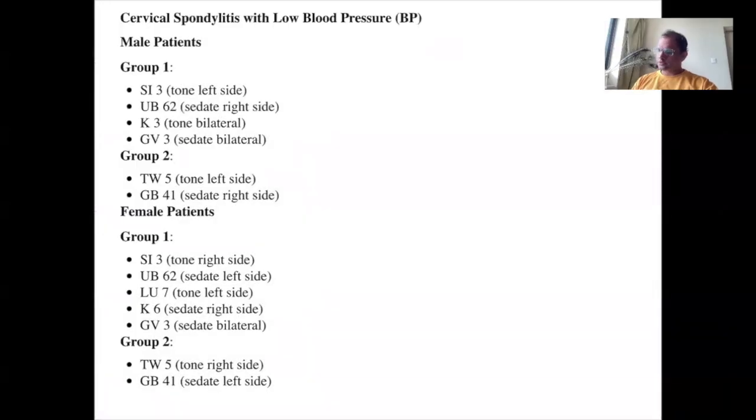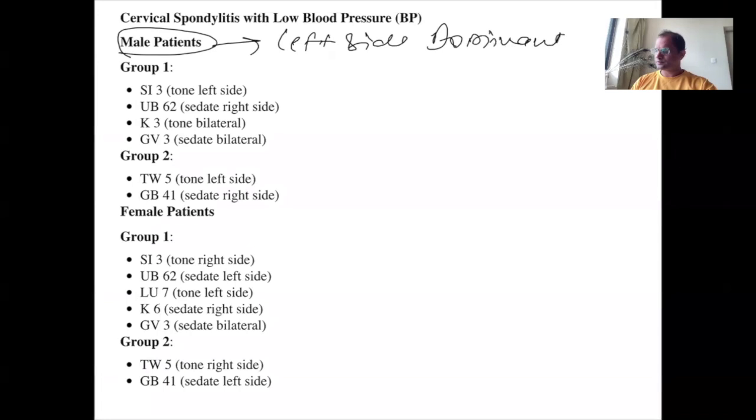So coming back here. For a male patient, we know the left side is the dominant side. Now we are starting the treatment. This patient needs treatment for neck pain but has low BP: SI3 tonification, UB62 sedation. Then kidney 3, tonify bilaterally.